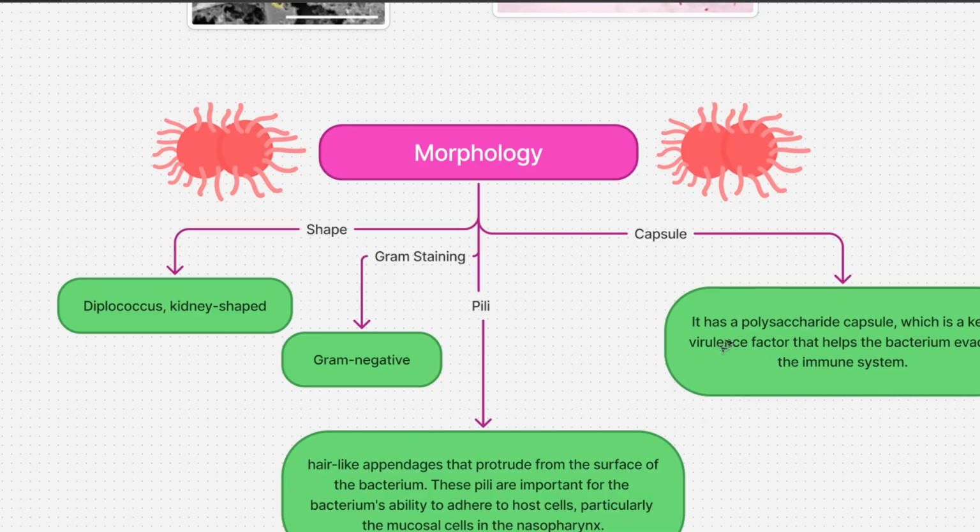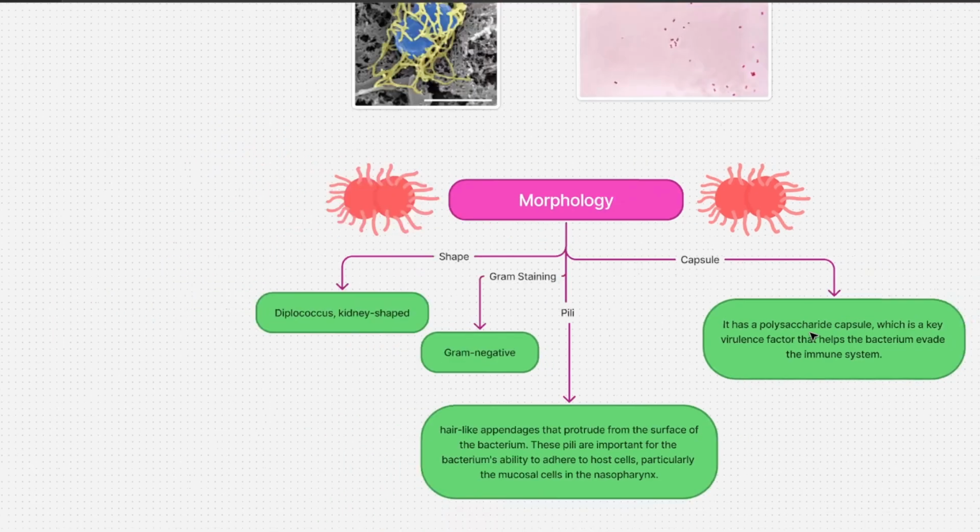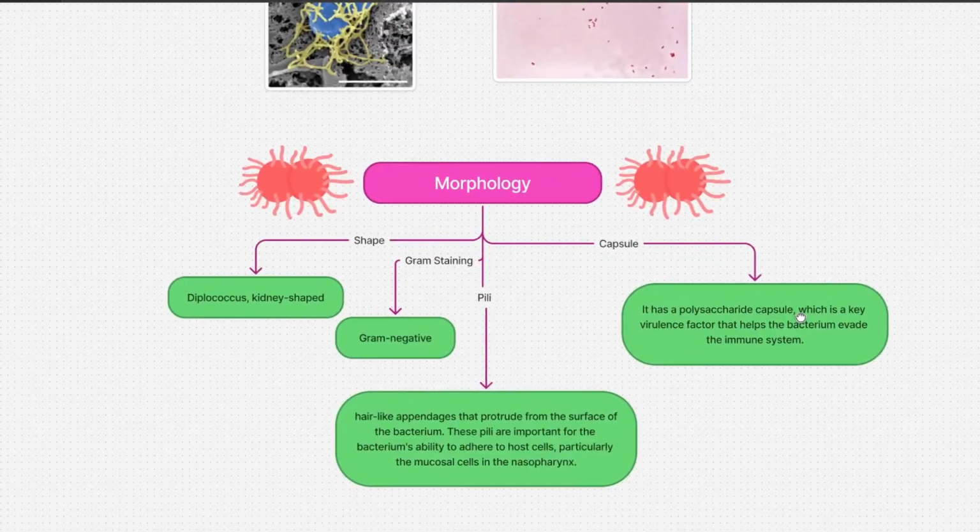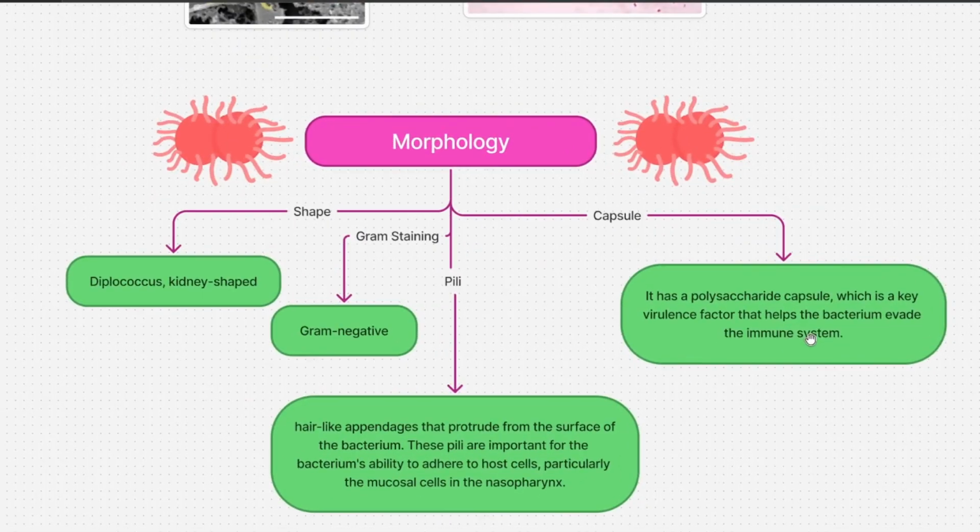So it has a polysaccharide capsule, which is a key virulence factor that helps the bacterium evade the immune system. So this is the main function of the capsule, and it's what makes the infection very violent and life-threatening.